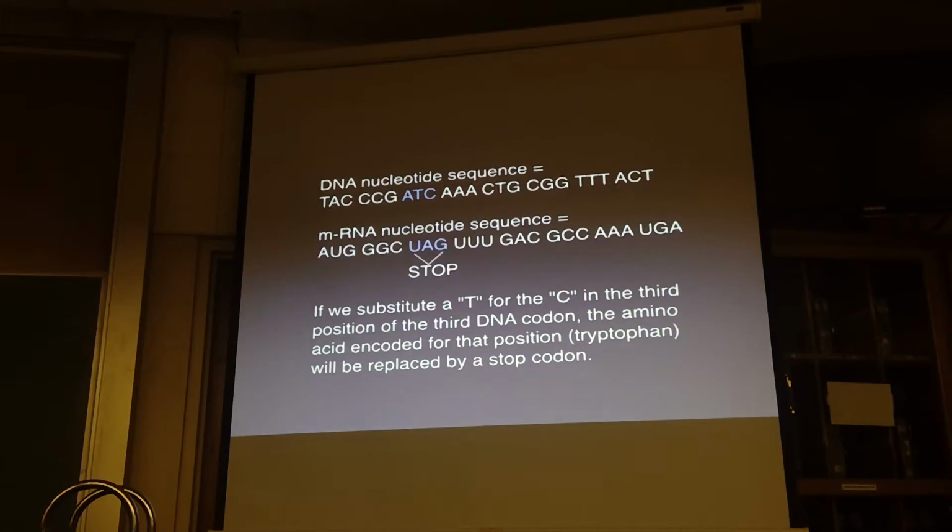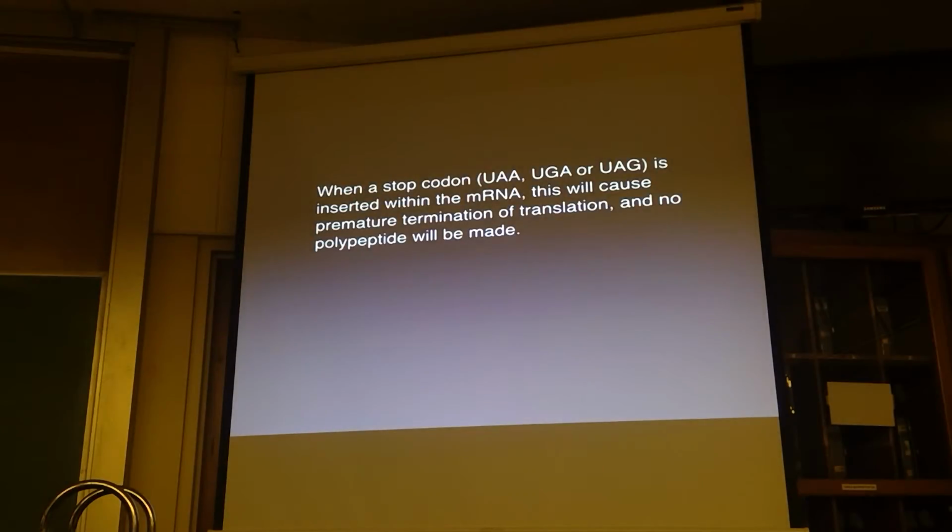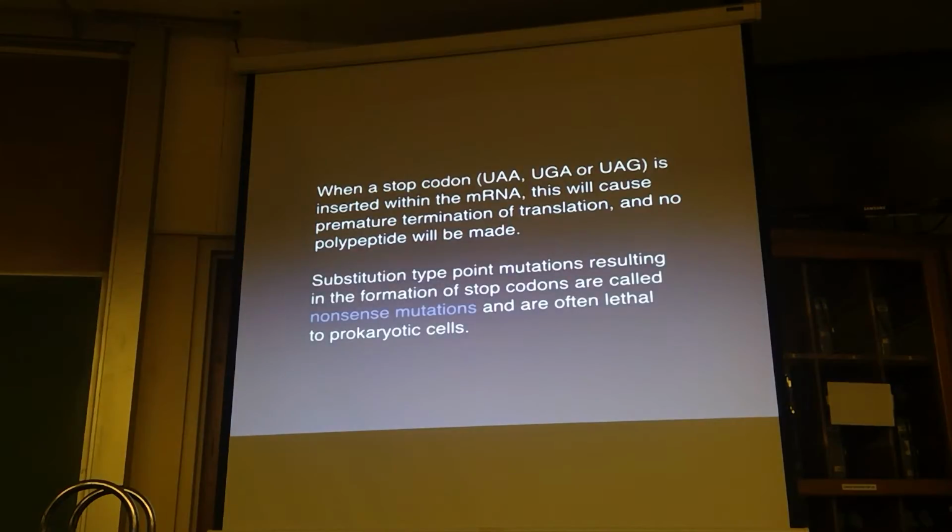The stop codons themselves were for a long time referred to as nonsense codons, so if you change a single base and it changes a functional codon to a stop codon, this is called a nonsense mutation. And again, that's going to be more damaging. Nonsense mutations are going to stop the function of that protein. If you only make half a protein, it's probably not going to function. Consequently, they're very likely to be damaging to the cell.